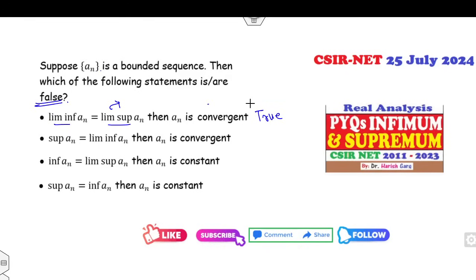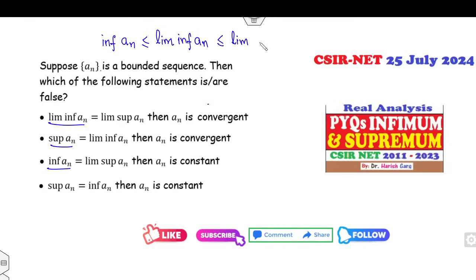Before I start, let me give you some tips. We all know the relation between the limit infimum, limit supremum, infimum, and supremum: infimum of an is less than or equal to limit infimum of an, which is less than or equal to limit supremum of an, which is less than or equal to supremum of an.